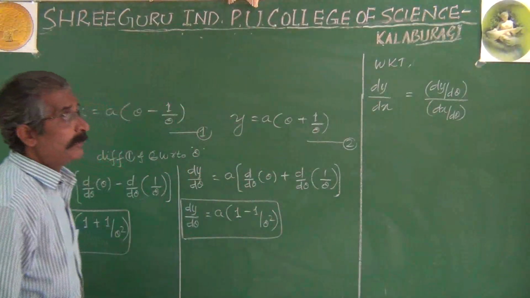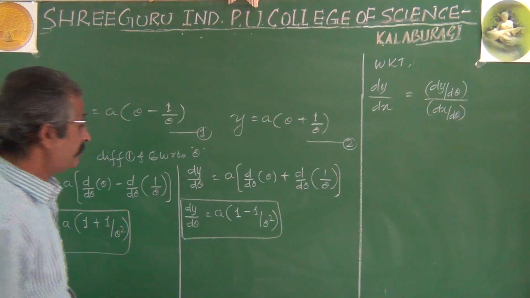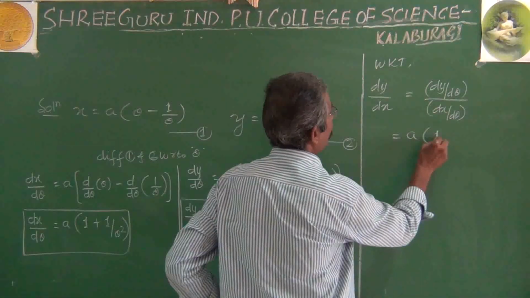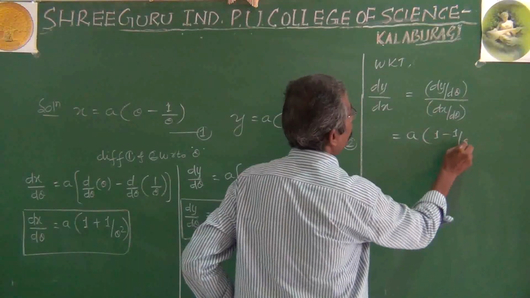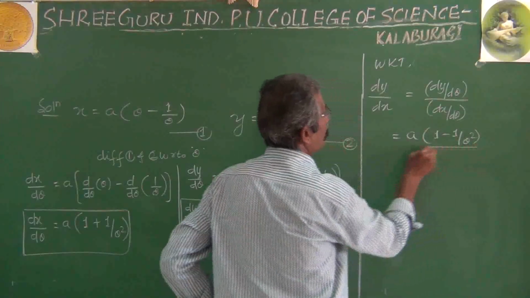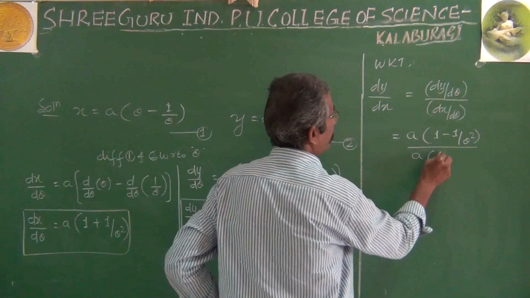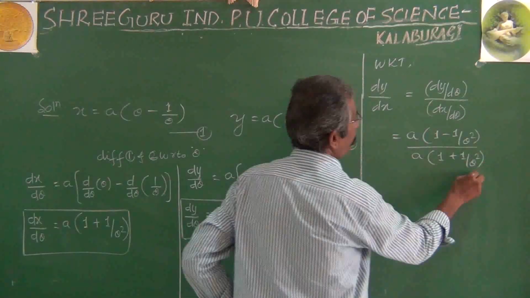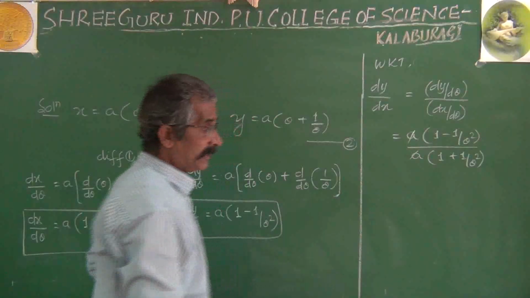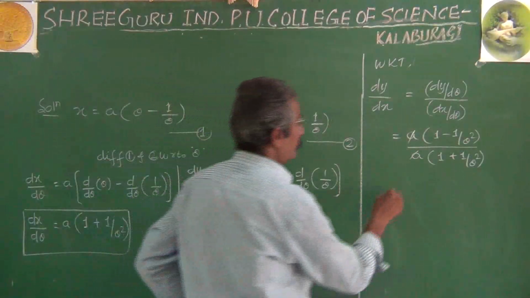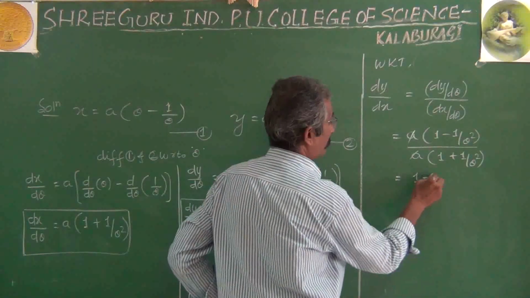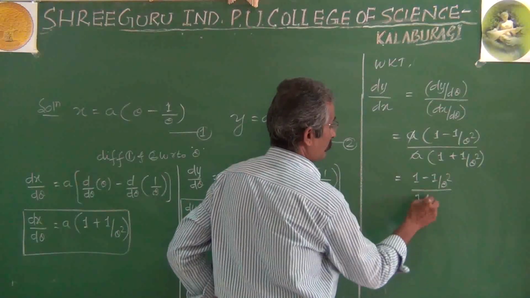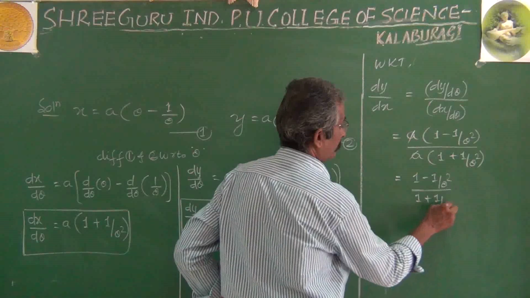Now substitute the values of dy by d theta and dx by d theta, that equals a into bracket 1 minus 1 divided by theta square, whole divided by a into bracket 1 plus 1 divided by theta square. A will cancel out, leaving 1 minus 1 by theta square divided by 1 plus 1 by theta square.